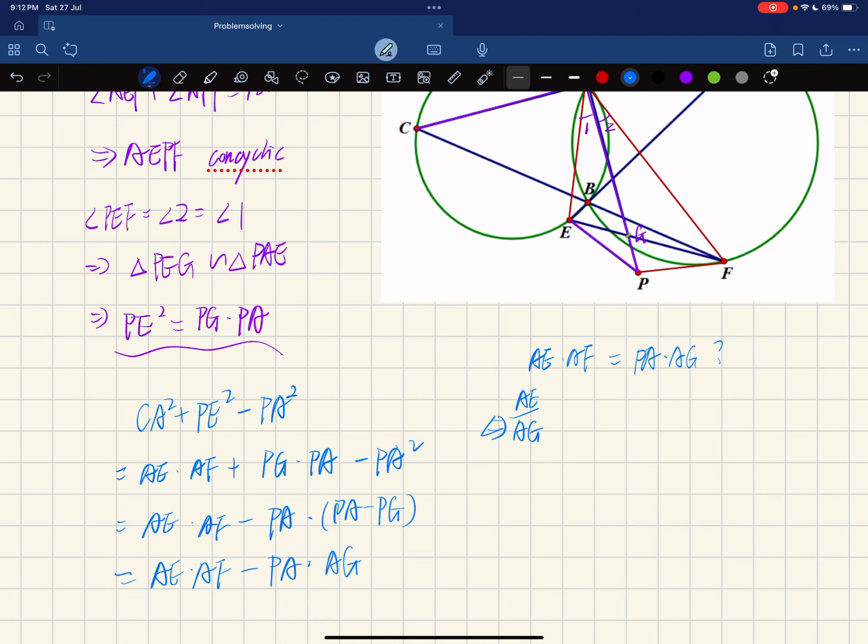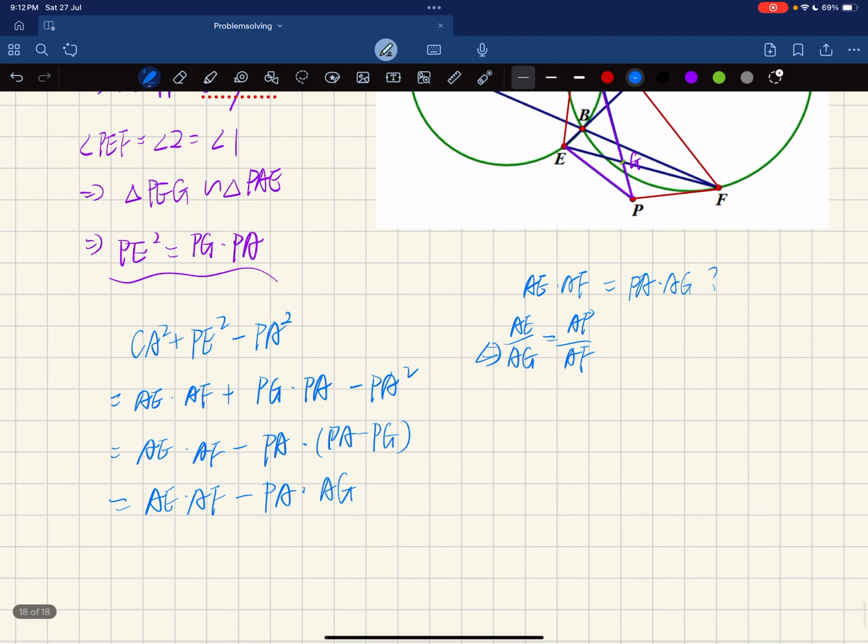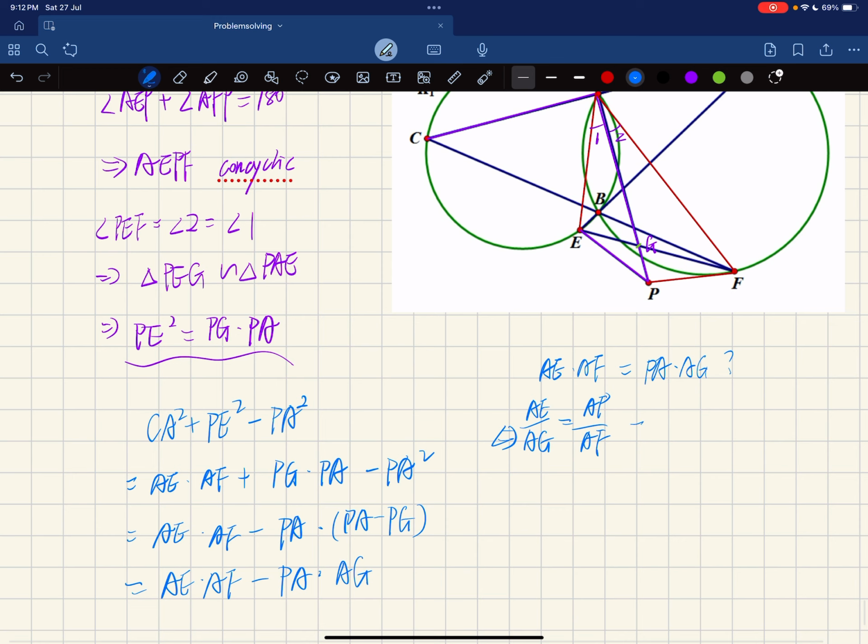It is equivalent to AE over AG equals to AF. No. AP over AF. So after having this, it is equivalent to the triangles AEG is similar to the triangle APF.